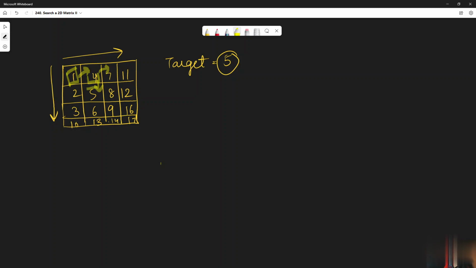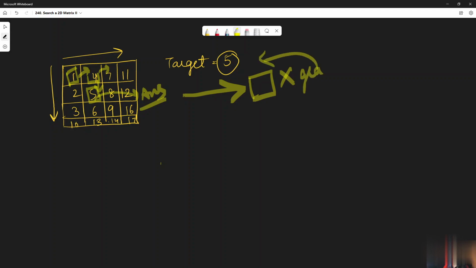And thus we reach our target 5, and then we will return our answer that we have reached our target 5. So this is what we would be doing. First we would be searching along our row, and we will check till what number it is not greater than our particular target, right?